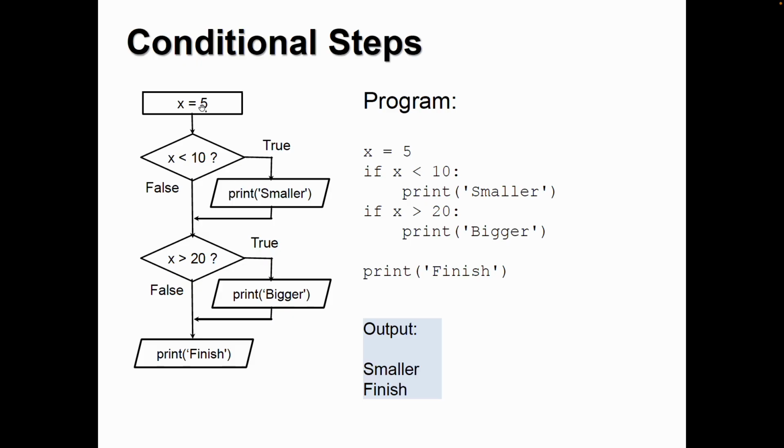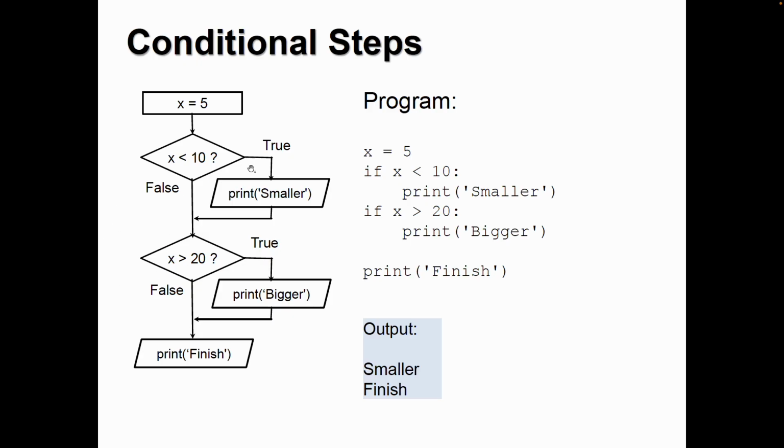We first assign 5 to x, and then we check is x less than 10. If it is true, print smaller. Otherwise, come here, and then check is it greater than 20. If it is true, print bigger. Otherwise, don't print it, and then come to here, and then print finish.